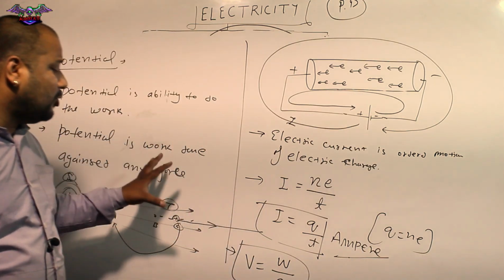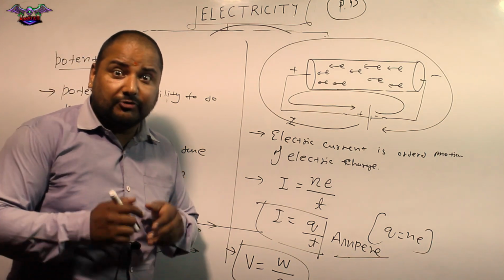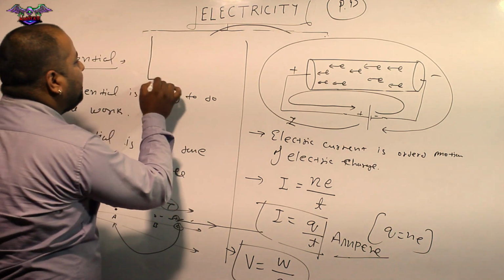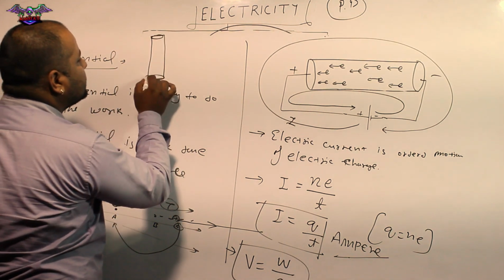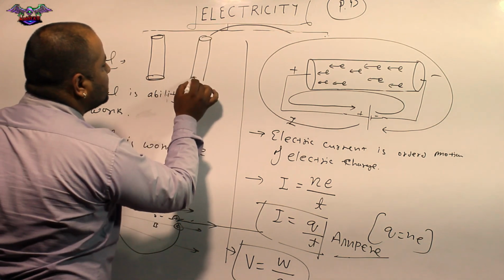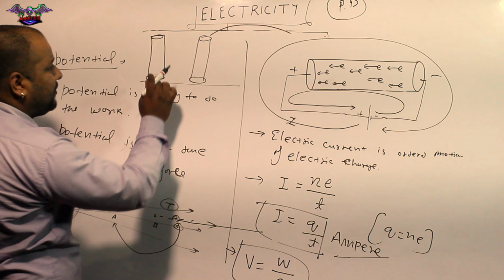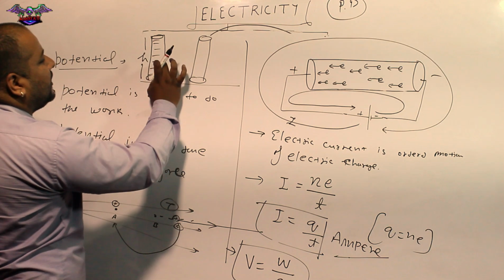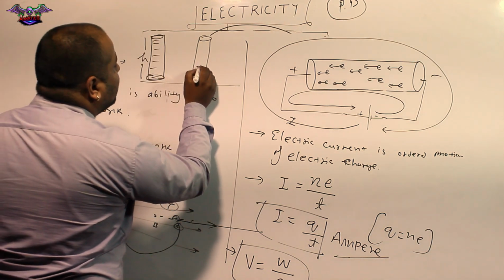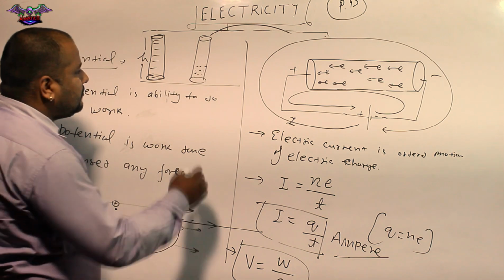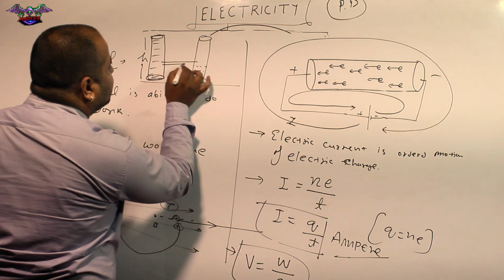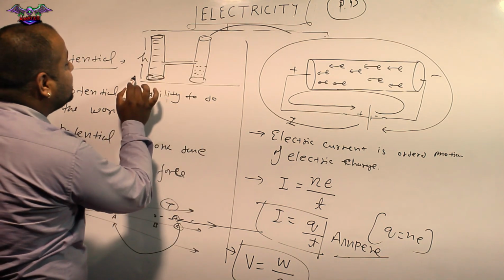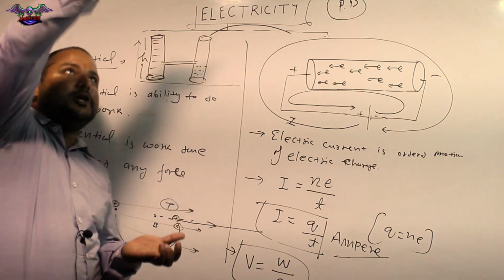We can understand the potential difference by a small example. I am taking it fast. For example, you have two vessels. One is there, another one is this. You can take the experiment at home. Here the height of the water is at this level, but here the water is less. If I join these two parts by one pipe, then what will happen? Here the height is more, that means potential is more.